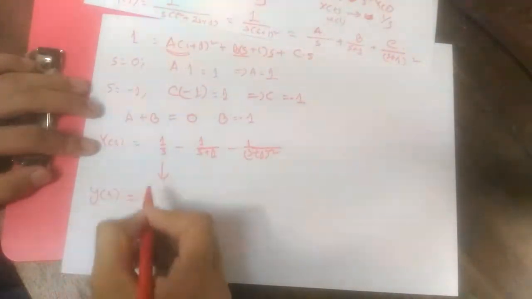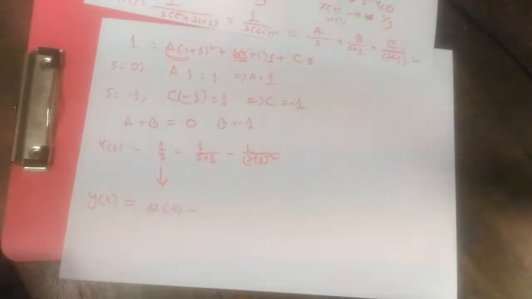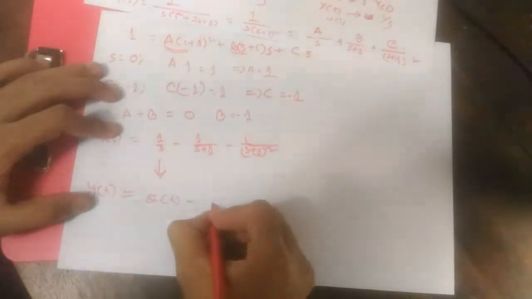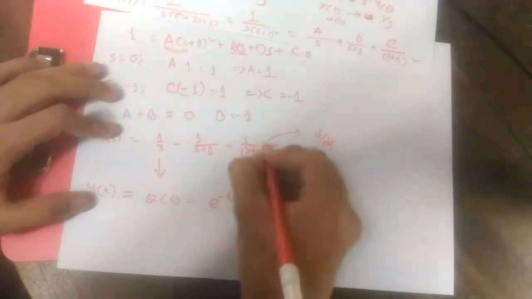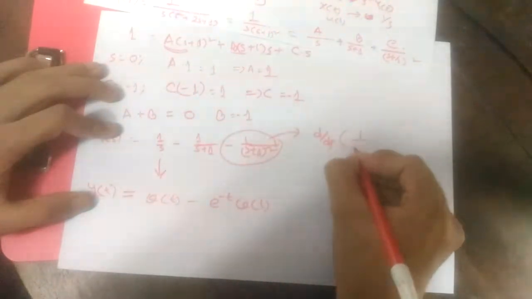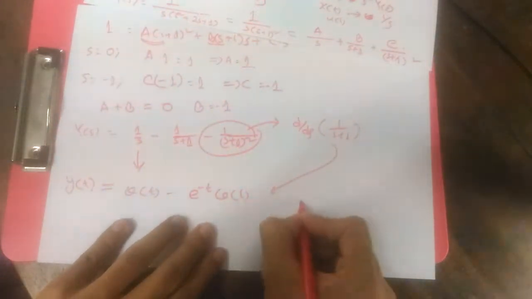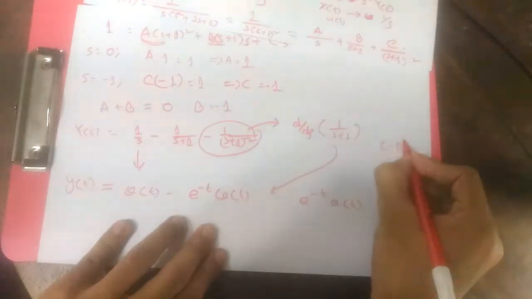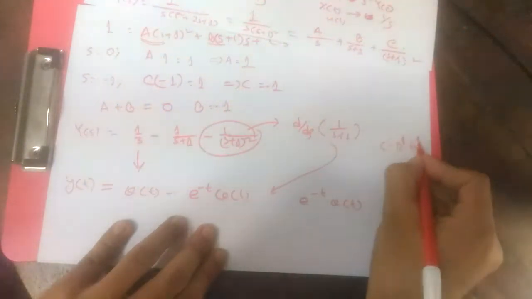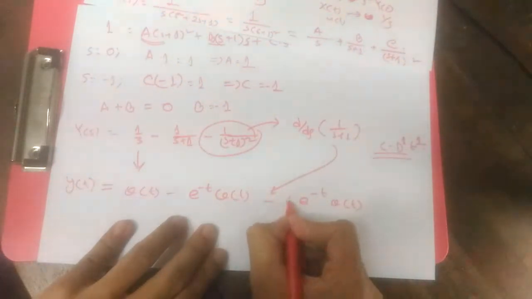Right now we can do the inverse Laplace transformation. The inverse Laplace transformation of 1 by s is u of t, and of 1 by s plus 1 is e to the power minus t u of t. This last term is the derivative of 1 by s plus 1, so its inverse Laplace transformation is e to the power minus t u of t, multiplied by minus 1 to the power 1 and t to the power 1, so minus t.